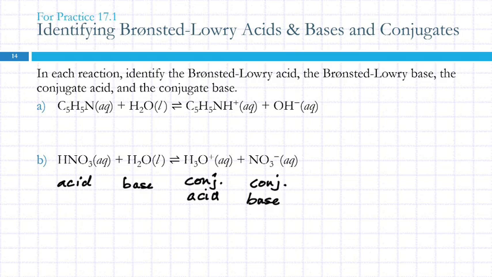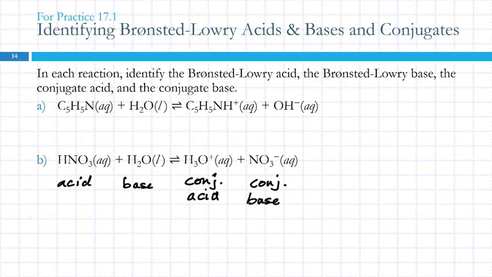Okay, let's go back to the first one. Still not sure about this. Well, let's see what happens to them. Which one gained a hydrogen ion? This big messy one at the beginning, right? C5H5N, and over here it's C5H5NH+. So that gained a hydrogen ion.